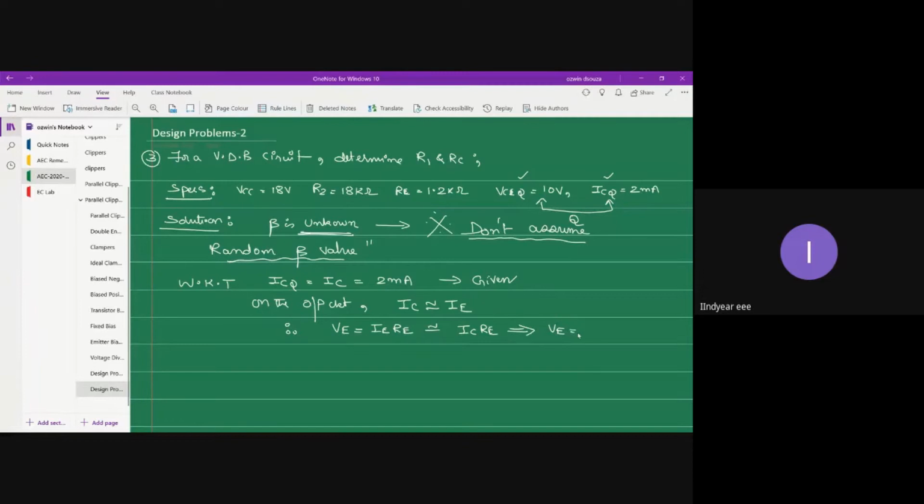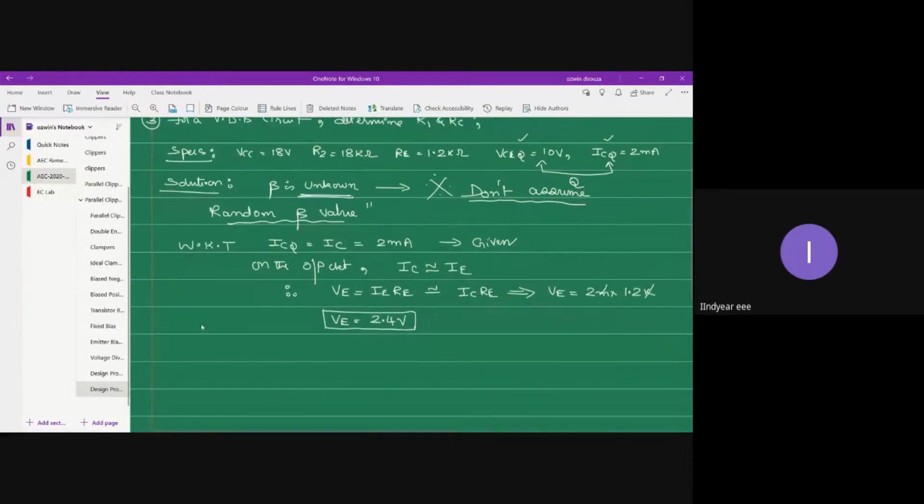RE is given, right? So the emitter to ground voltage VE is equal to 2 milli into 1.2 kilo. Kilo and milli get cancelled, so you will be left with VE equal to 2.4 volts. Let us put this particular result in a box.